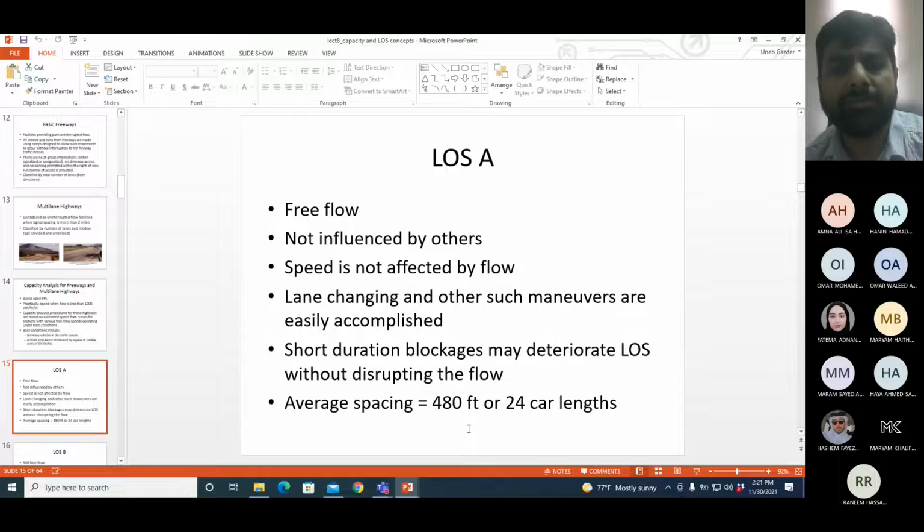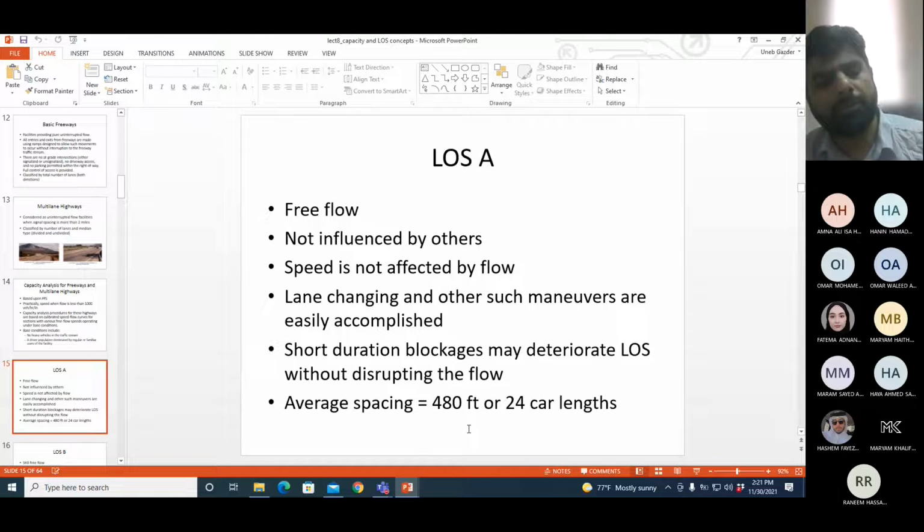In this condition, if you have some blockage in a particular lane, the flow will not be stopped. The level of service may deteriorate because of that, but the flow will remain continuous. Okay, because there are lots of gaps available.